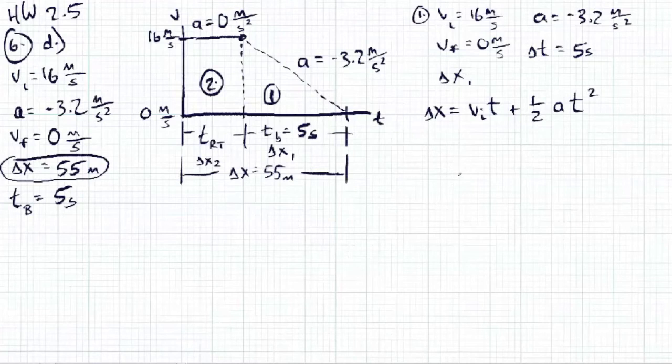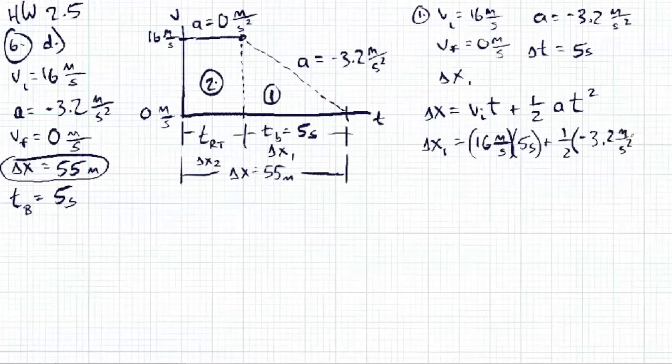So in scenario 1 right here, or that is the actual braking part of it, our displacement, I'll call it displacement 1, is going to be 16 meters per second times 5 seconds, right, because that's our time, plus 1/2 times the acceleration of negative 3.2 meters per second squared, times our time, 5 seconds, the quantity squared.